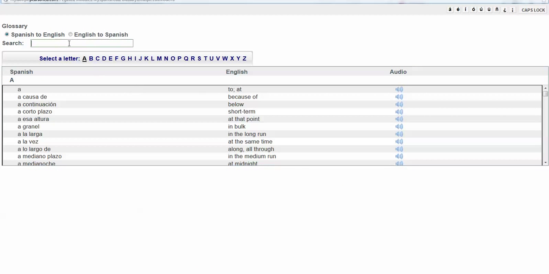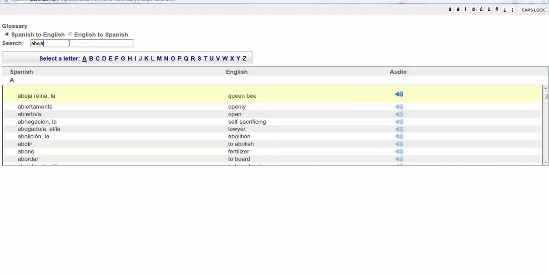Let's look up the word abeja. Here's abeja reina, and it's got a la after it. So if it's a noun, because there are other parts of speech and this applies only to your nouns, it's going to have an el or a la after it. That lets you know whether the word is masculine or feminine. So you can also go in your glossary and look up the words there.